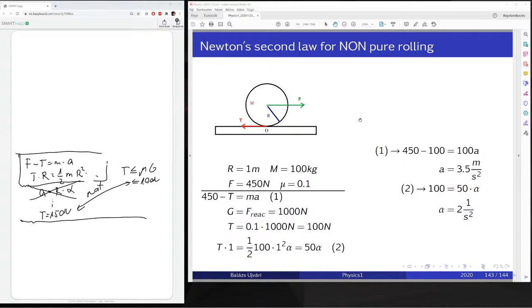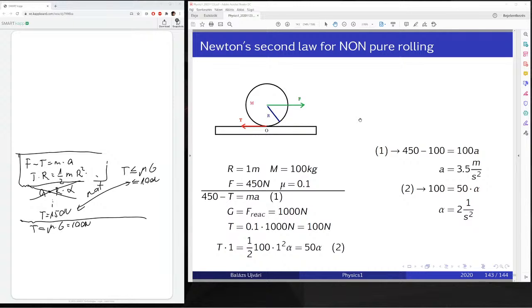And the kinetic friction is easy because it's equal to mu times weight, which is in this case 100 Newton. So we lose one equation, but we also lose one unknown, because right now T is not unknown. For kinetic friction, we know that this is 100 Newton.